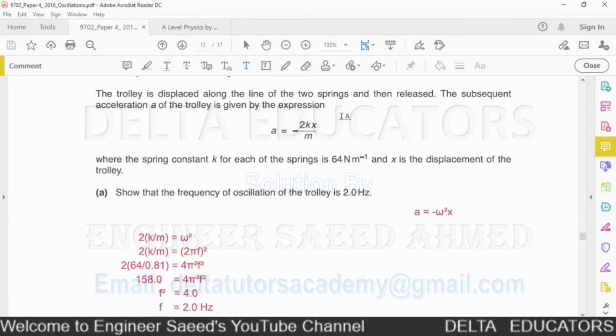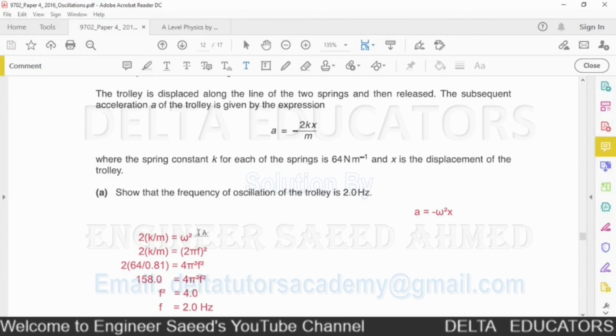So we can say minus 2kx over m is equal to minus omega square into x. By comparing both equations, we can write 2k over m is equal to omega square.